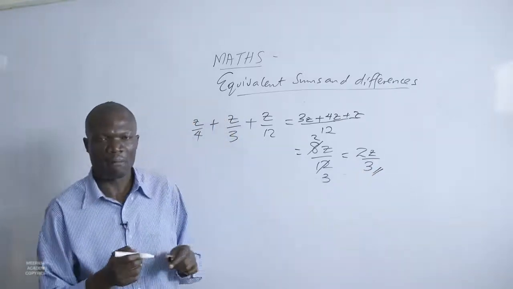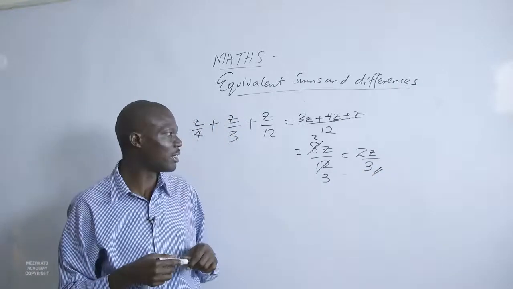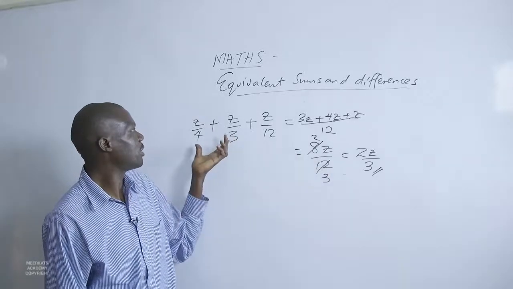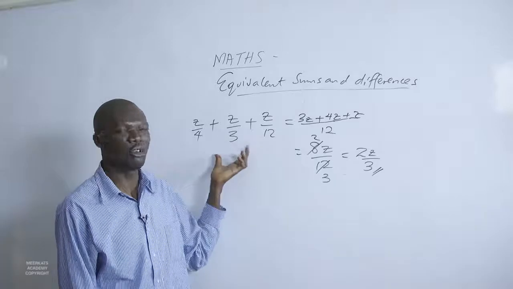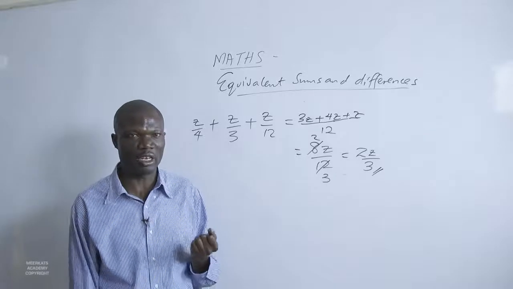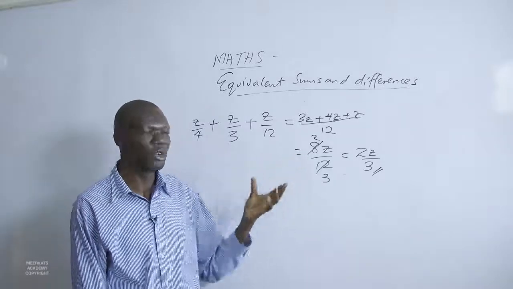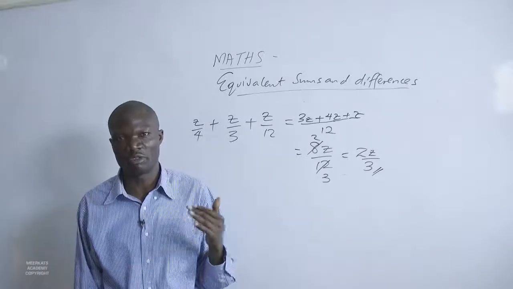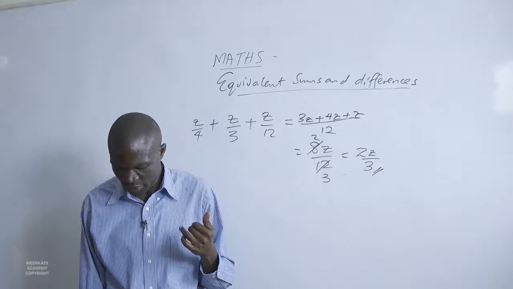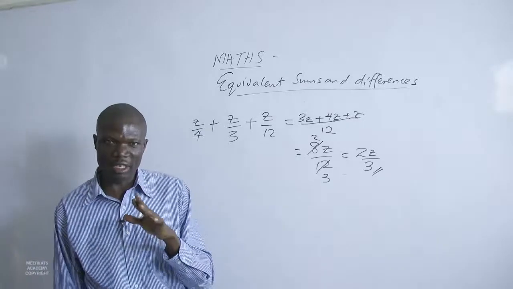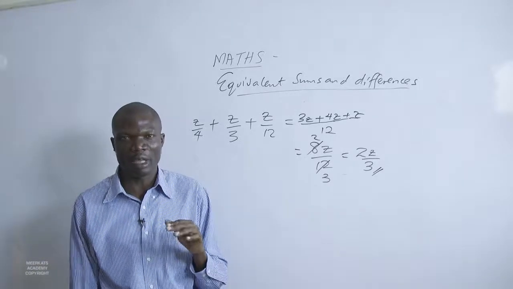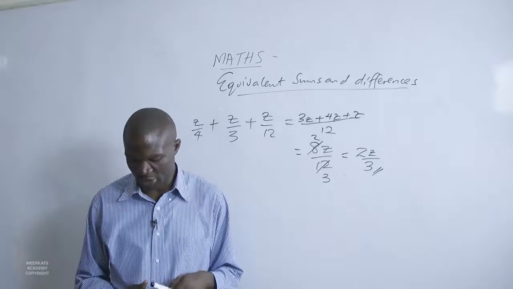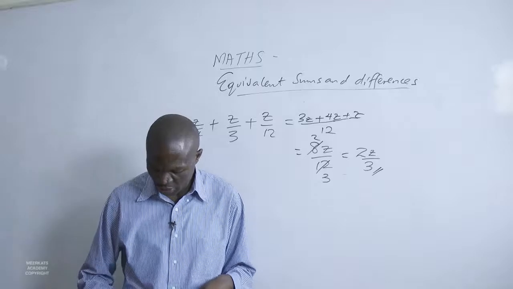This one is our equivalent algebraic fraction of the sum of these three algebraic fractions. We should be able to add or subtract a chain of fractions put together. Maybe let us handle another question where we have a subtraction and bring in a whole number, and we see how to approach it.